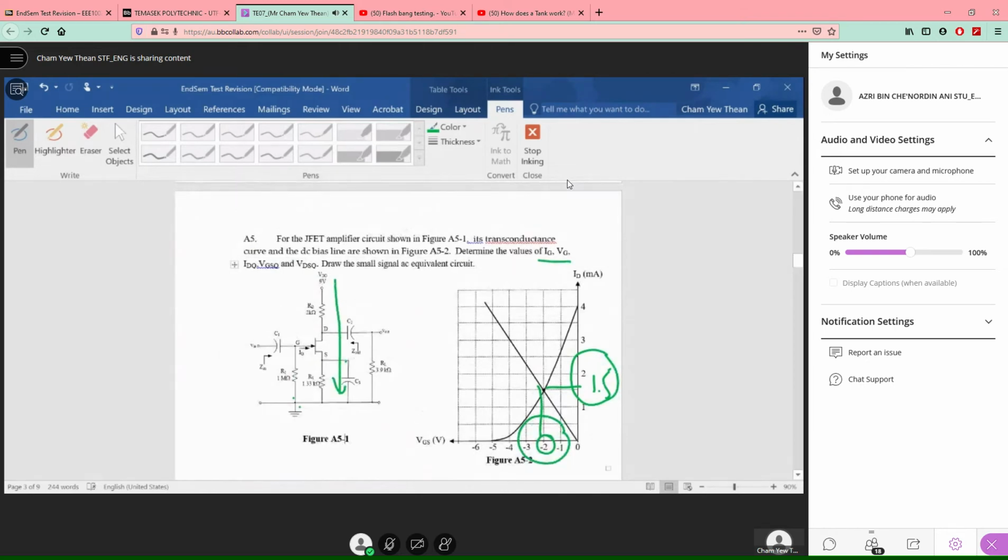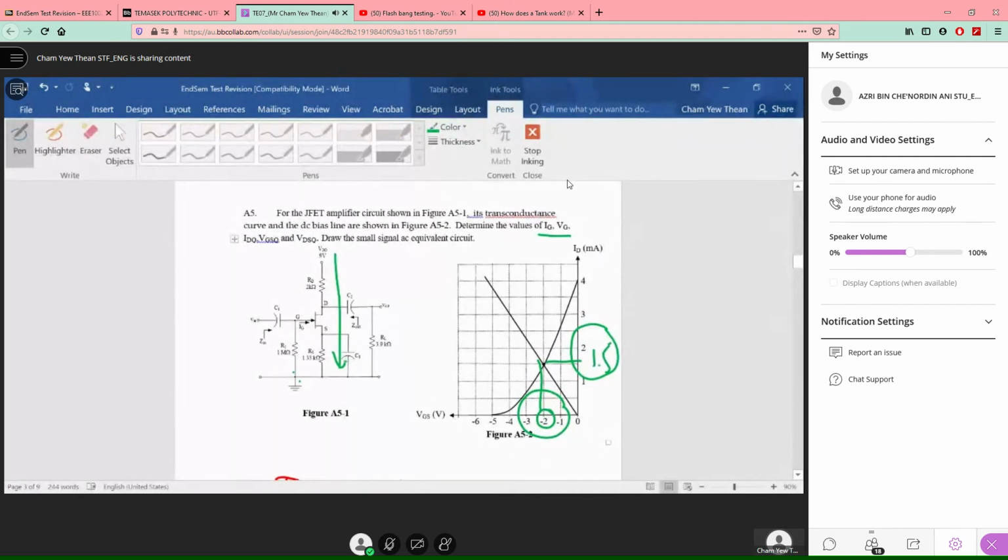So basically, your VDSQ is VDD minus IDRD minus ISRS, right? Is that what you're saying? Yes. Correct. So your VDSQ will be equal to KVL down, VDD minus IDRD minus ISRS.